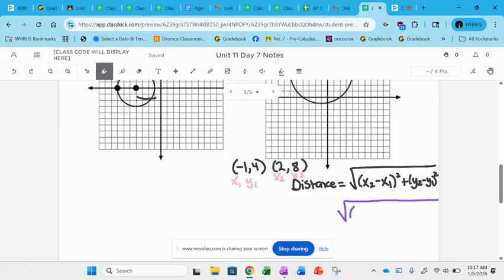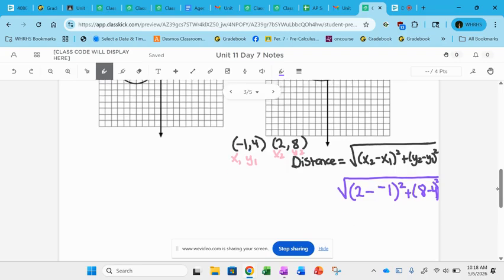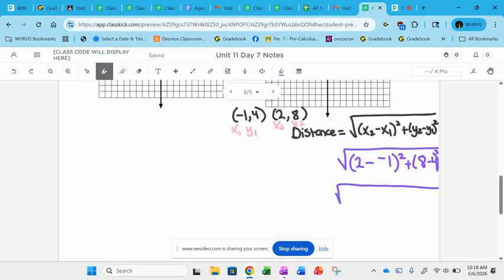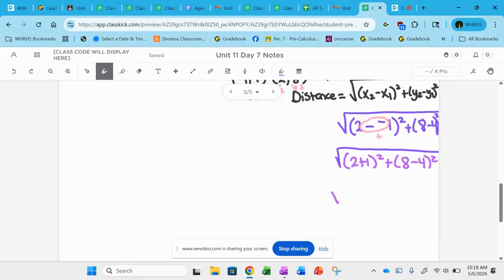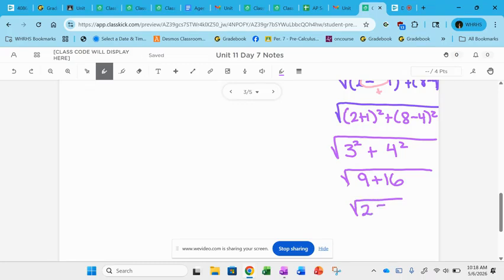So I have the square root of 2 minus a negative 1 squared plus 8 minus 4 squared. This double negative makes a positive. So I have 2 plus 1 squared plus 8 minus 4 squared. So we're going to have 3 squared plus 4 squared. So we have 9 plus 16. Square root of 25 is 5.